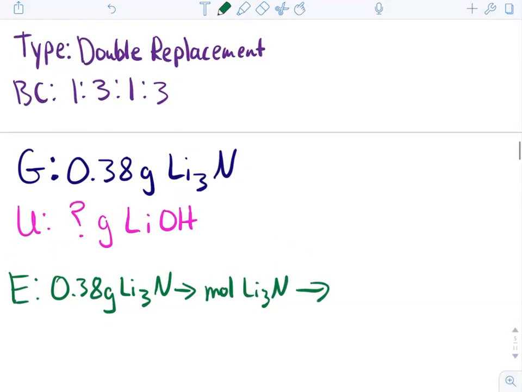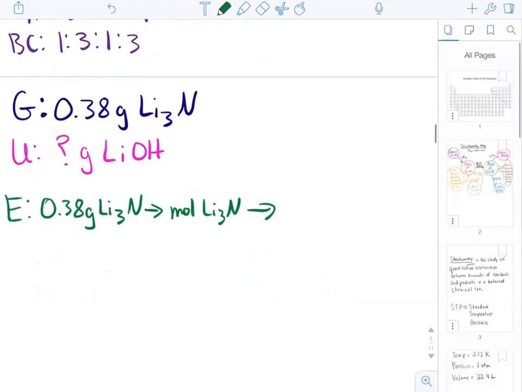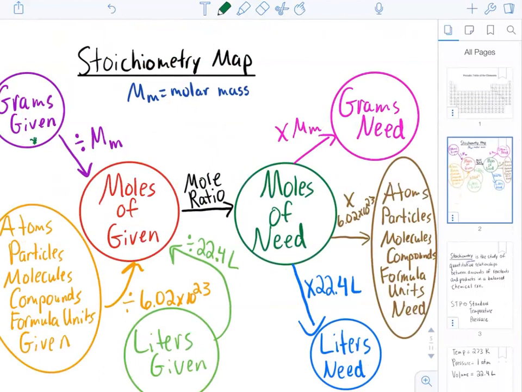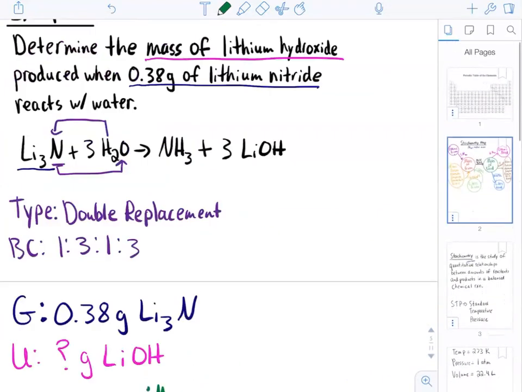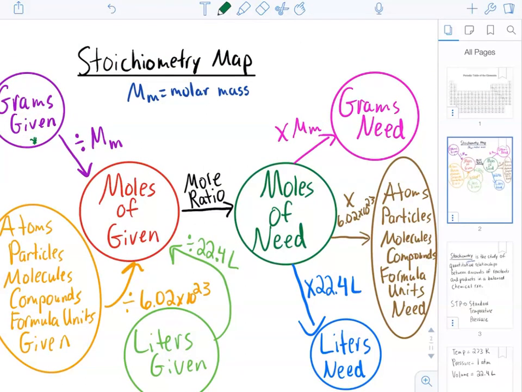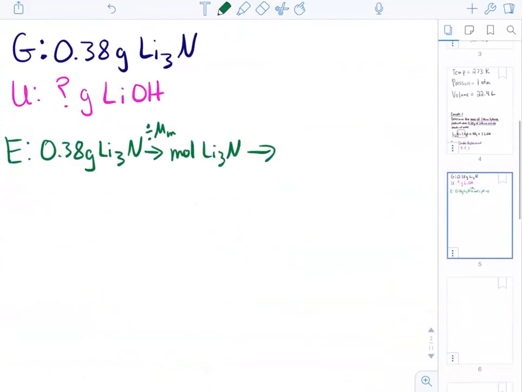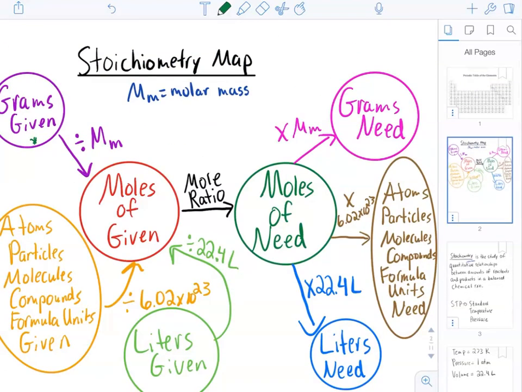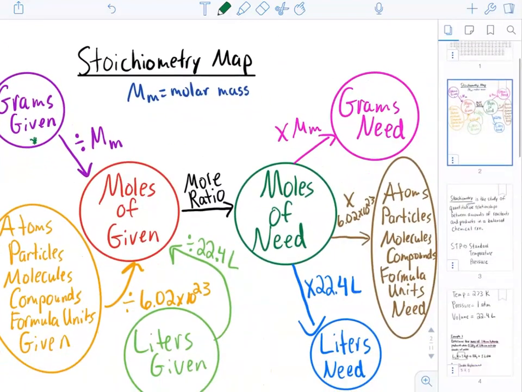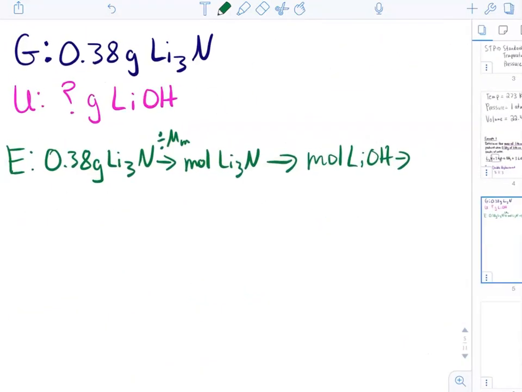And the way that we do that is we divide by our molar mass. Okay, and then after moles of Li3N, I have to go to the moles of need. So that's going to be moles of LiOH. And then finally, I'm trying to get to grams, and that is where I'm going to go next. Grams.